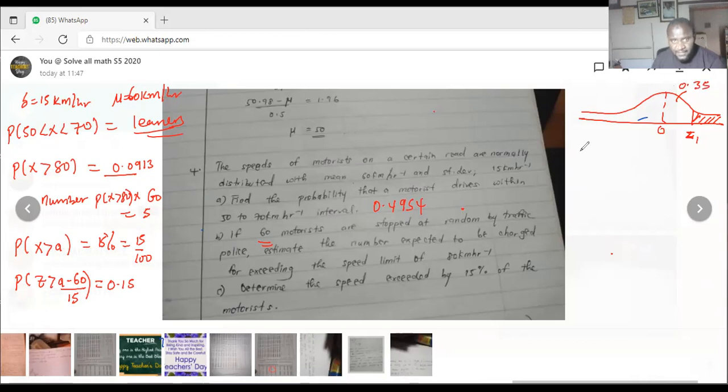So we ask ourselves, what Z value have we read to give us the probability of 0.35? You realize that Z1 is going to be what? If you look at our table, let's check on this table if it can help us.